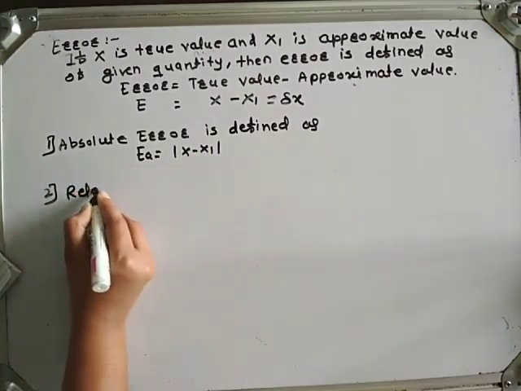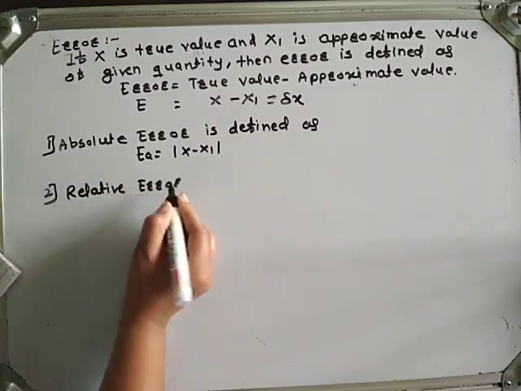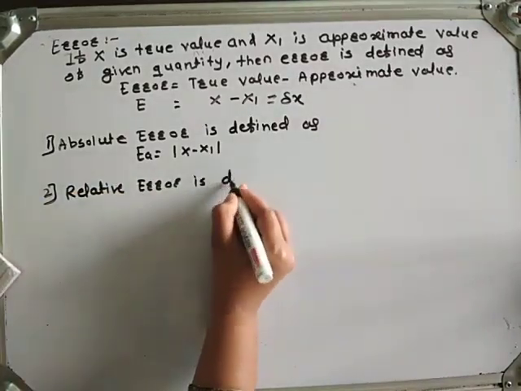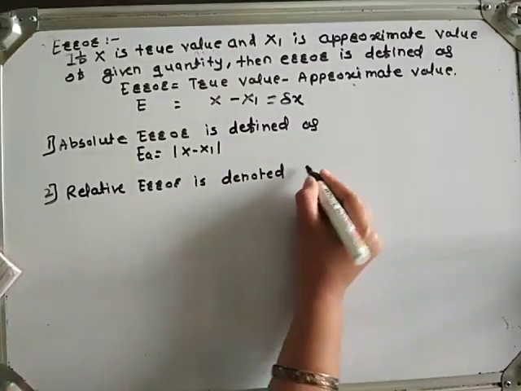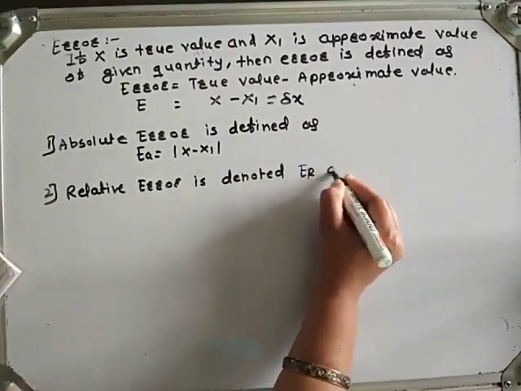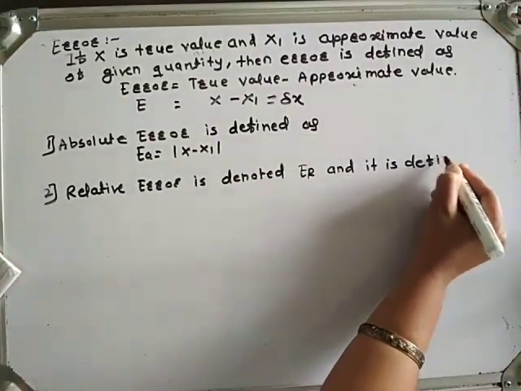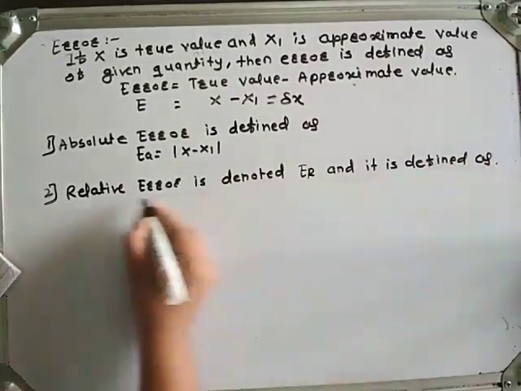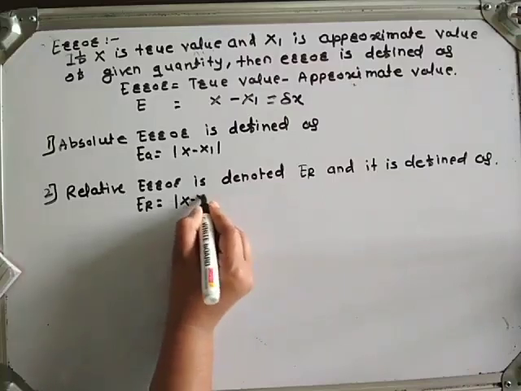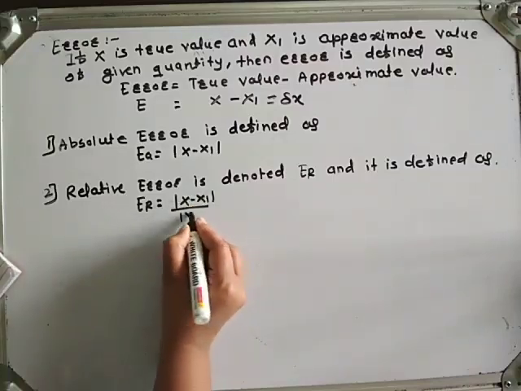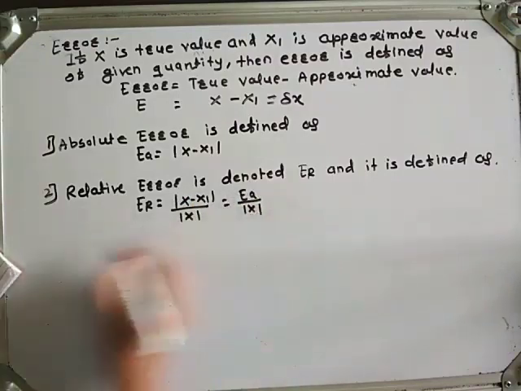The second type is relative error. Relative error is denoted by ER, and it is defined as ER is equal to mod x minus x1 upon mod x, which is nothing but EA upon mod x.